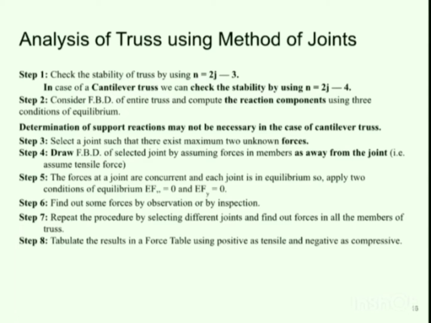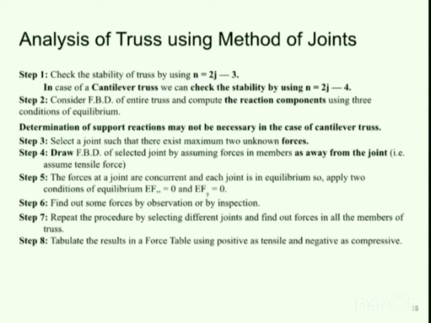That is the necessary requirement for the truss to be in equilibrium. So this method of joints works on this principle that if the truss is in equilibrium, then its joints should also be in equilibrium. So for this method, let us see what are the different steps.